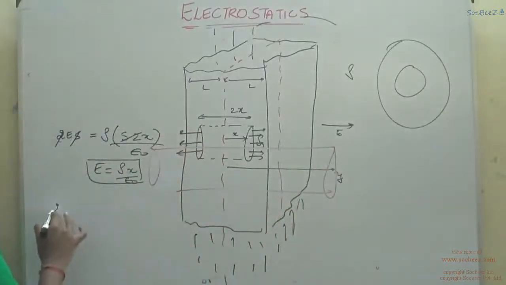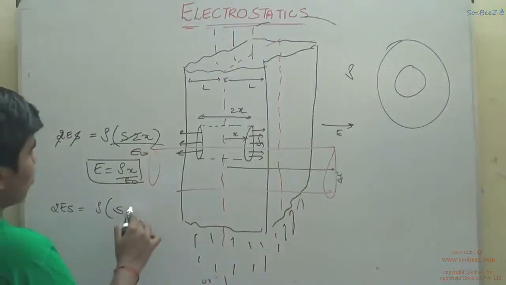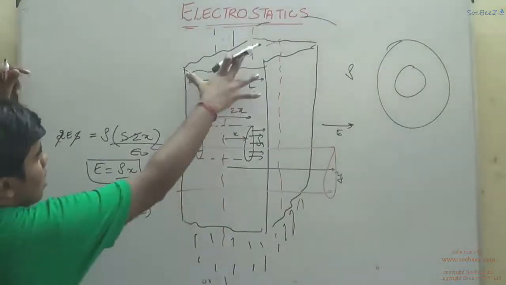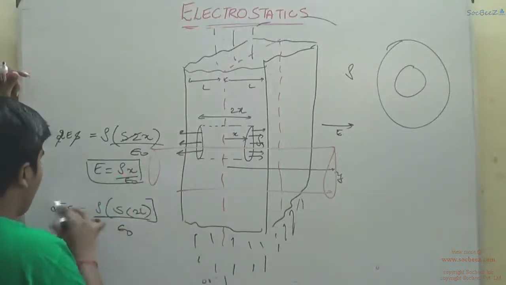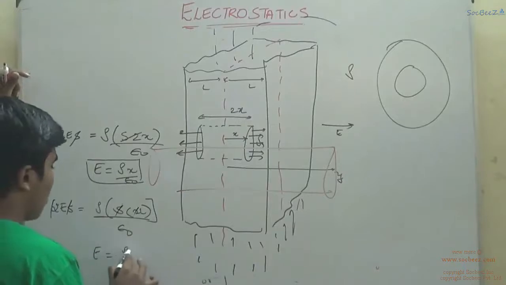In that case, the net flux is still equal to 2ES, but the charge enclosed is 2 times rho S into 2L, because now the charge enclosed is only this part, divided by epsilon naught. Again 2S gets cancelled, so the electric field is equal to rho L by epsilon naught.